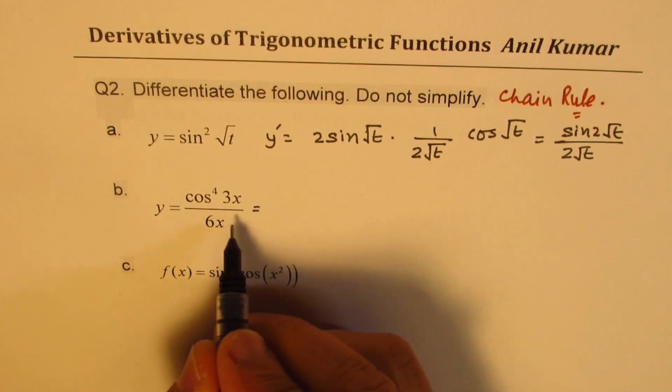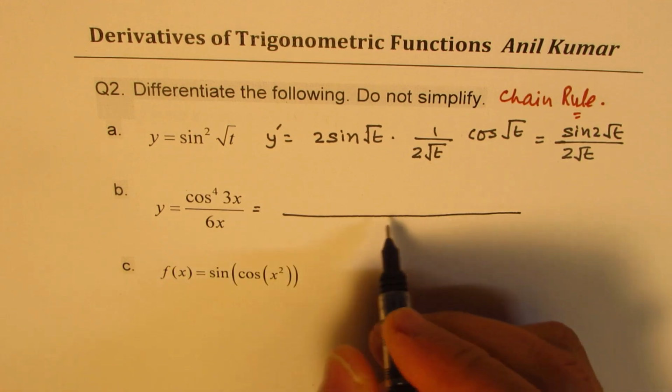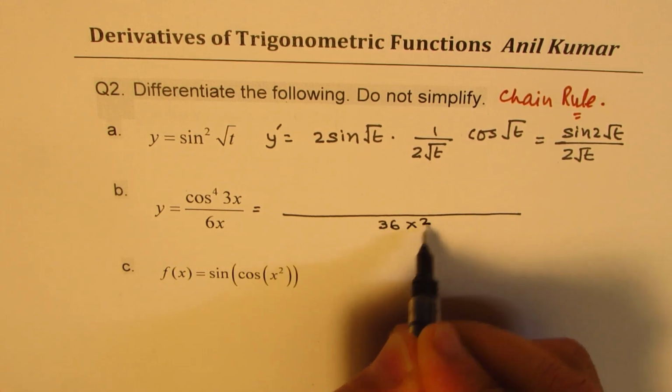Now here we'll apply the quotient rule. So we get in the denominator 6x whole squared, which is 36x squared.